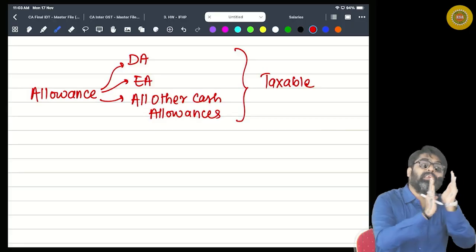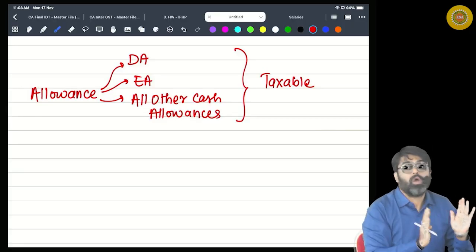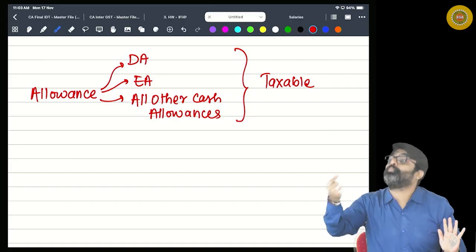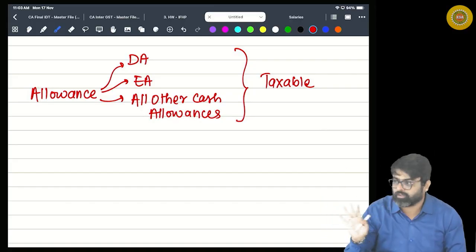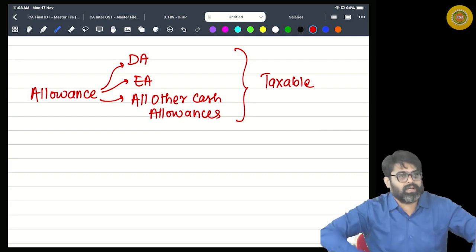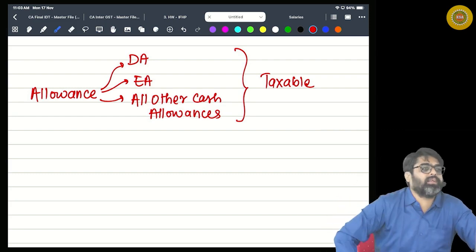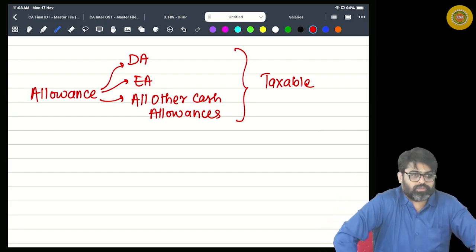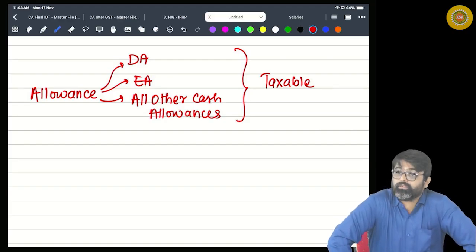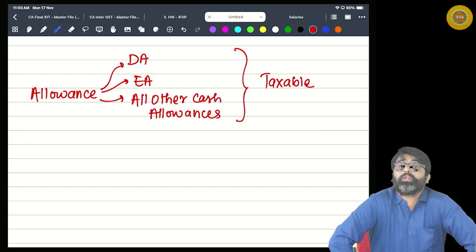So even if any part of these allowances is spent, the amount spent out of these allowances is not going to give you any benefit in the form of exemption or deduction. So it is deliberately given so that you get confused. Will you get confused in the exam? Yes or no? What you will do?